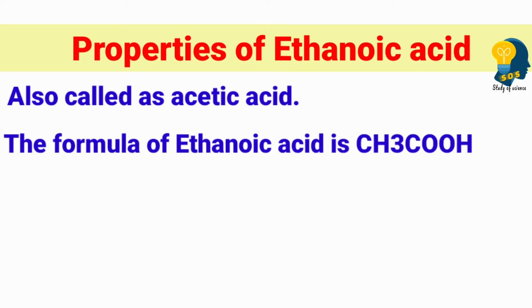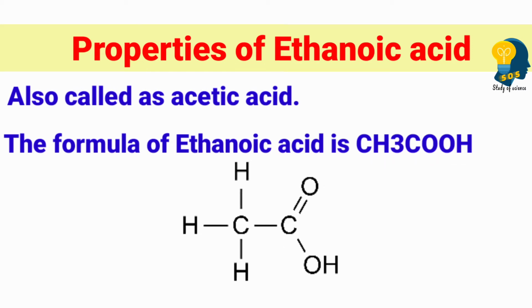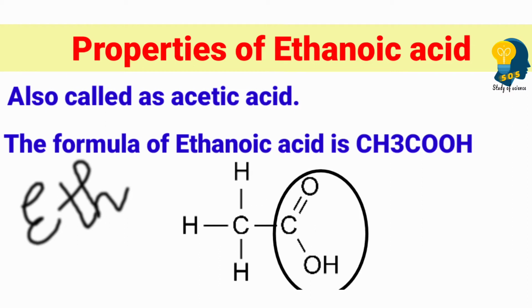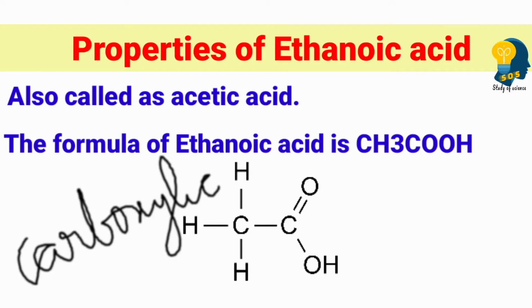The chemical formula for the ethanoic acid is represented by CH3COOH, whereas the structural formula can be represented like this. If you look at the structural formula, the two carbon atoms present at the prefix, that means at the beginning, represent eth, whereas COOH at the suffix represents the carboxylic acid group.